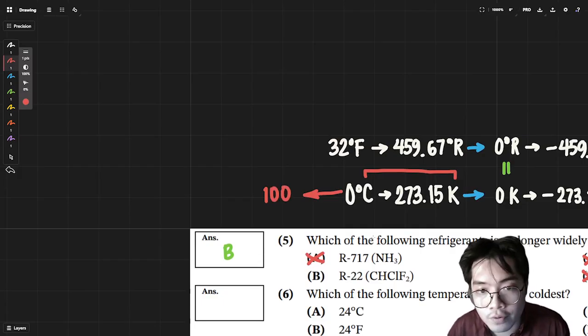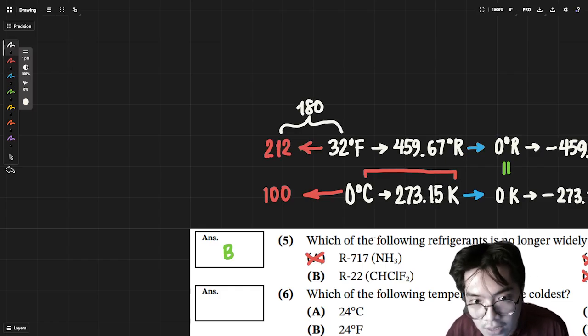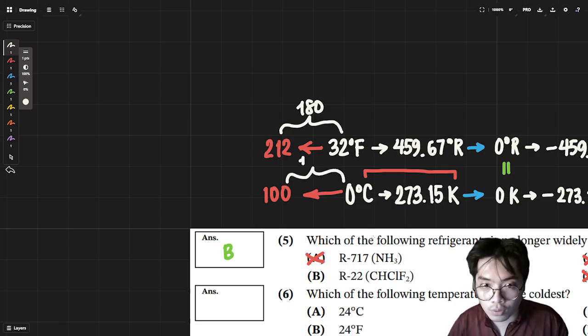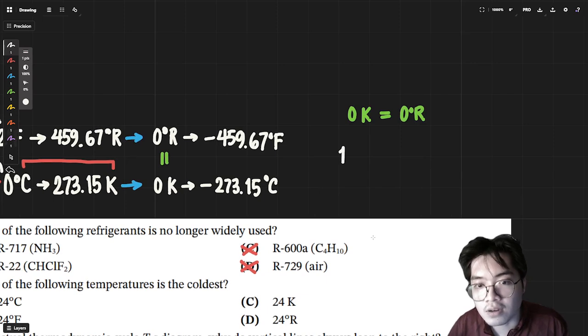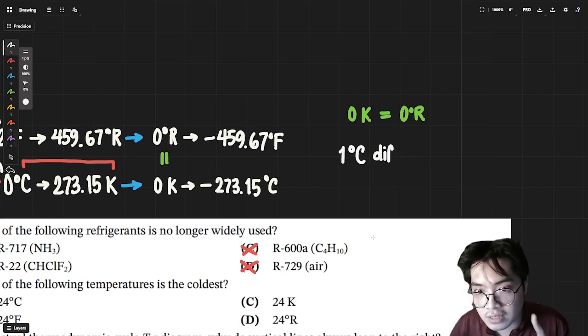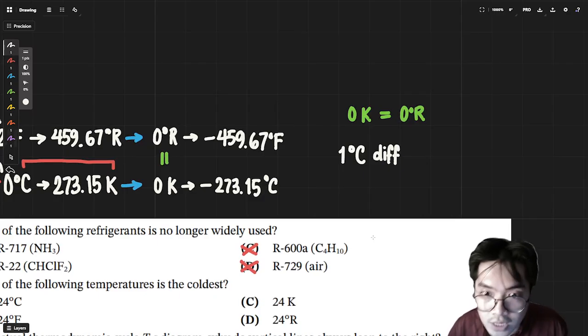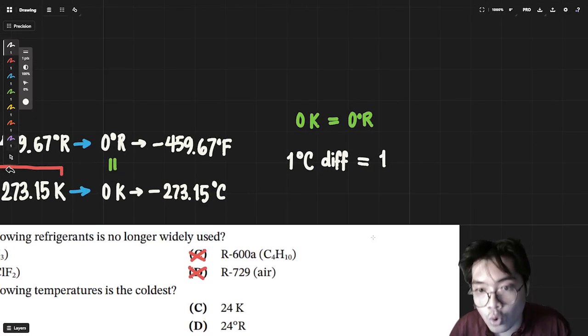But for the Fahrenheit scale, it takes us up to 212. Basically, the difference between these two is 180 degrees, and the difference between 100 and 0, of course, is 100 degrees. That means that a 1 degree Celsius difference, this is a temperature difference, not a temperature reading, is equal to 1.8 degrees Fahrenheit difference in reading.